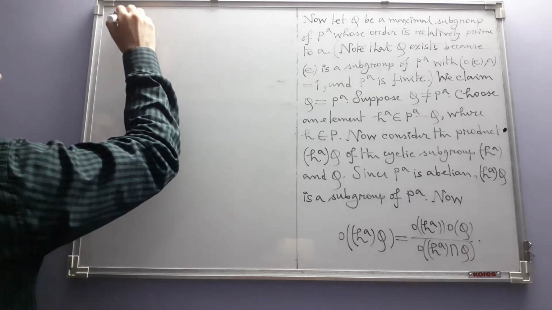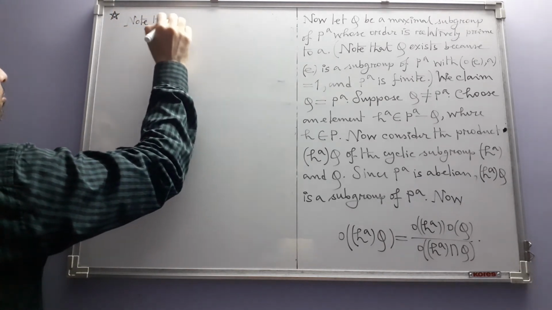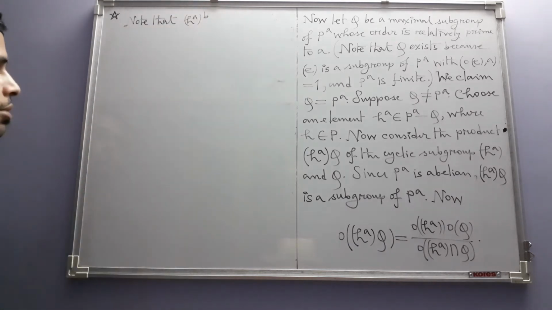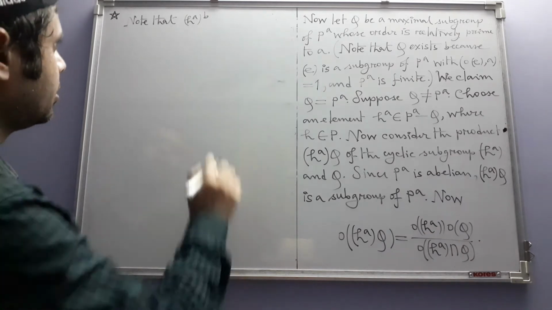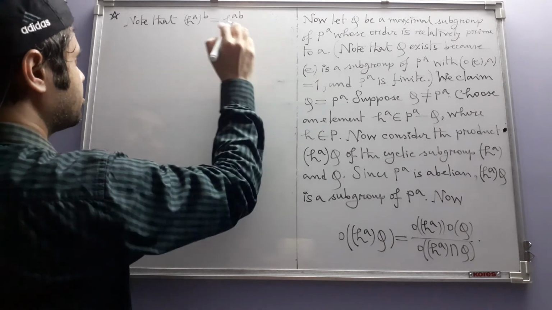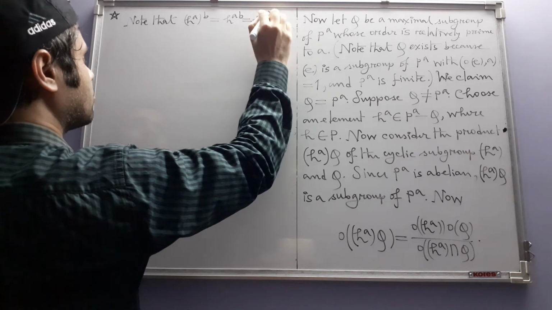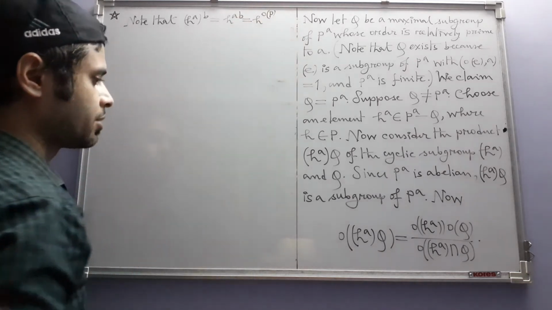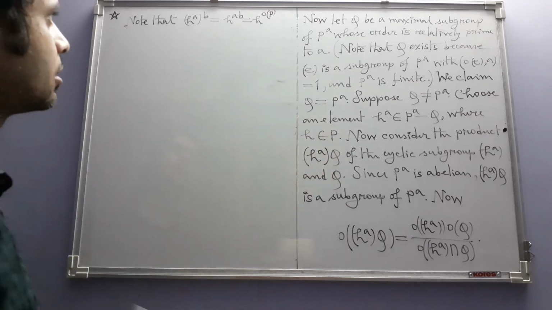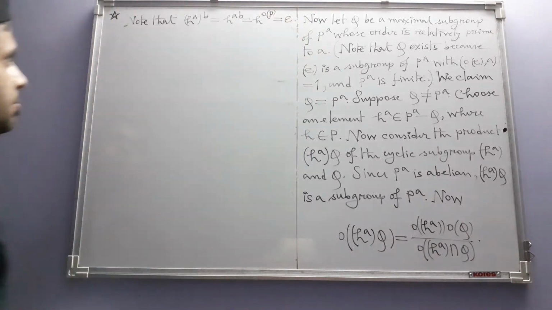Note that if we calculate the bth power of h to the power a, by one of the rules of exponent, this is h to the power ab, but ab is nothing but the order of p, and since h is an element of p, by the second corollary to Lagrange's theorem, this is equal to identity.